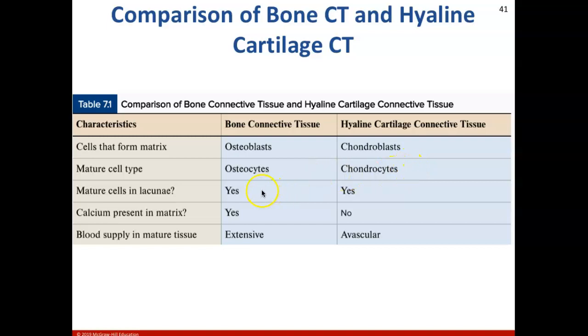And if the mature cells live in a lacuna, yes, they do in both tissues. And then if calcium is present, it's only present in bone, not in cartilage. And if there's blood supply within the mature tissue, remember bone is very vascular, whereas cartilage is not.